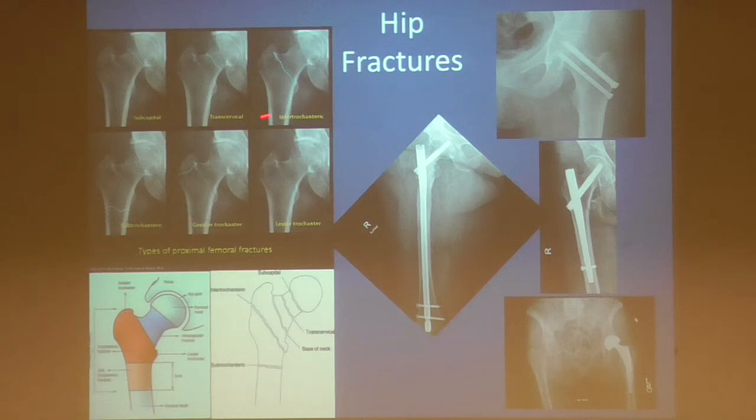Then your intertrochanteric hip fractures, those are the ones you're seeing the gamma nails for. No matter which line they're in, anywhere inside the trochanter, those are fractures that often are fixed because they're extracapsular hip fractures, so those heal quite readily. The subtrochanteric fractures are a little higher energy injuries in the younger patients, and in the older patients, these are the ones that are often associated with bisphosphonates.